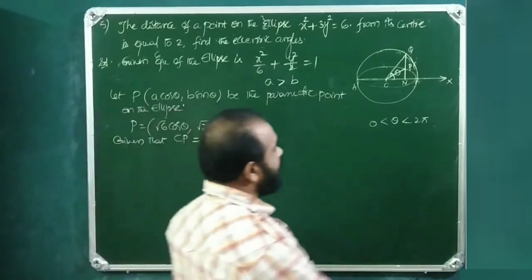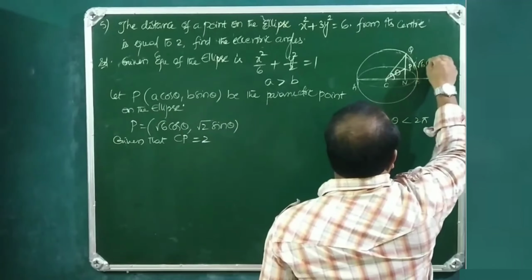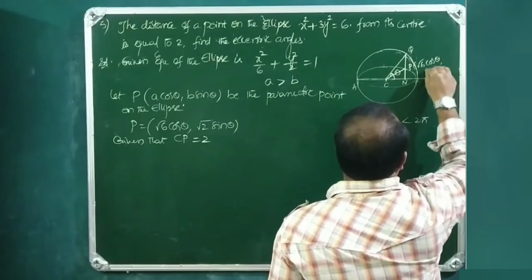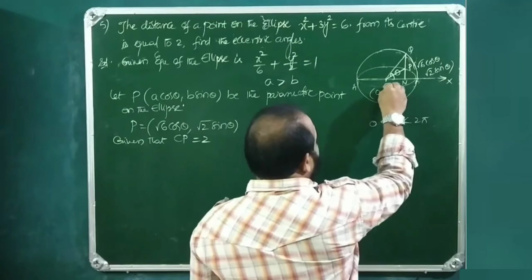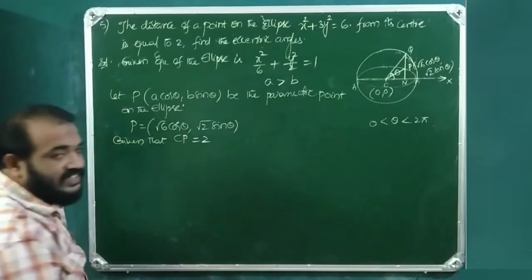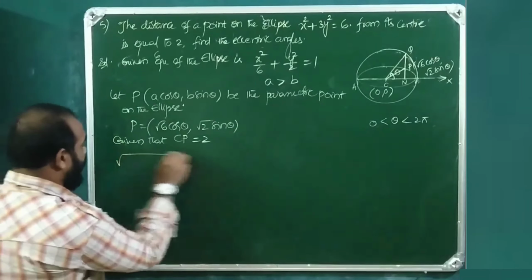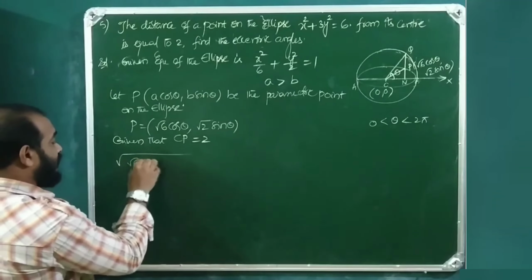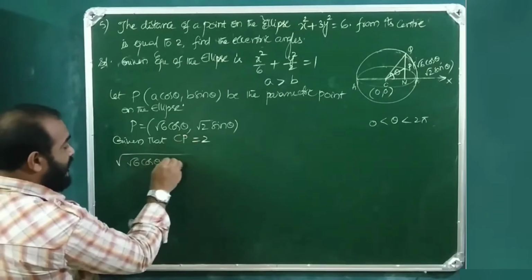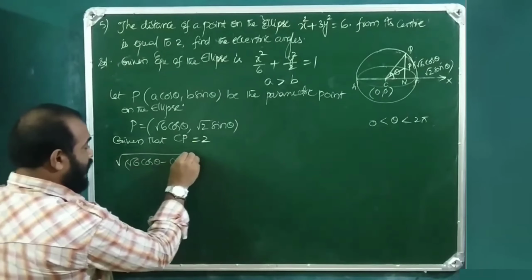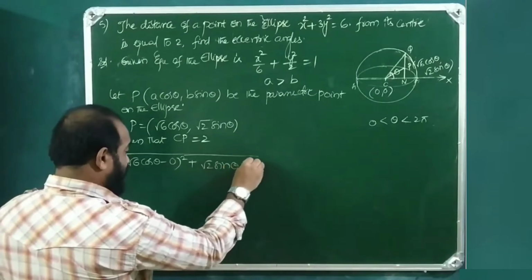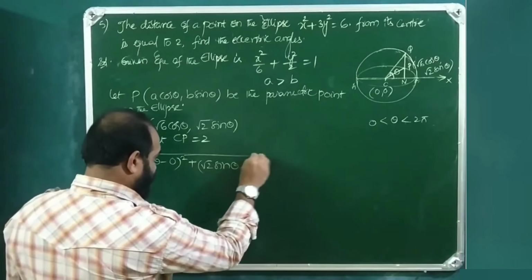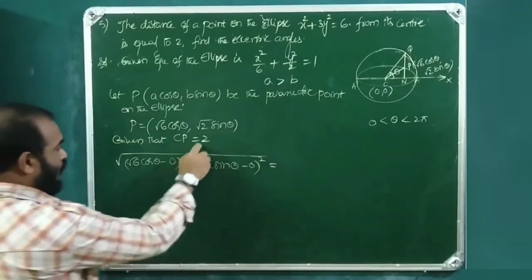CP is, this is root 6 cos theta and root 2 sin theta, and C is 0, 0. So by the distance formula, square root of root 6 cos theta minus 0 whole square plus root 2 sin theta minus 0 whole square is equal to 2.